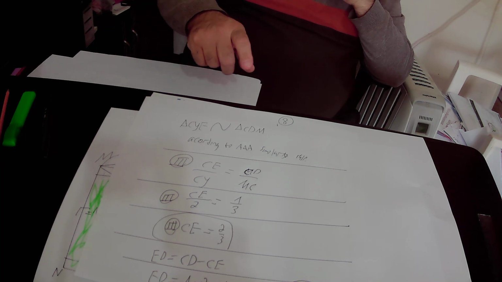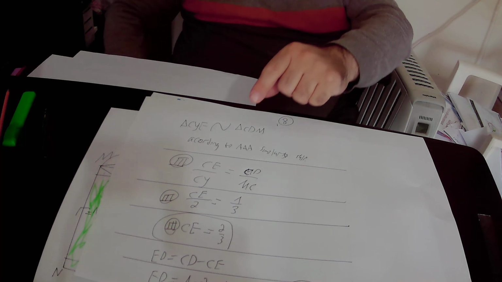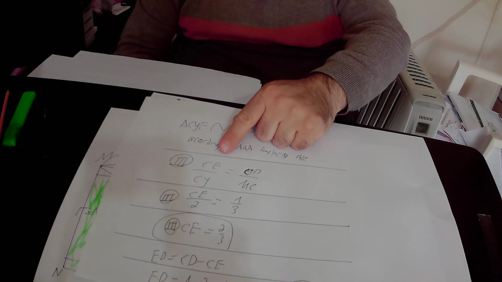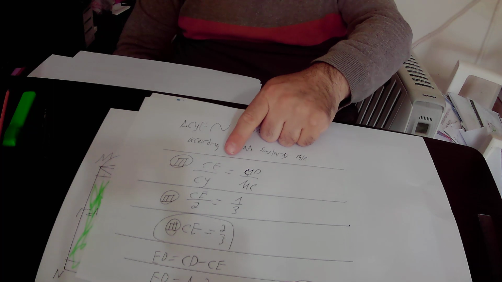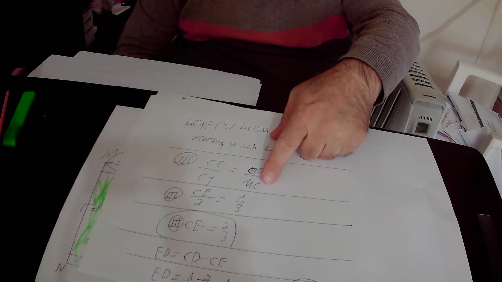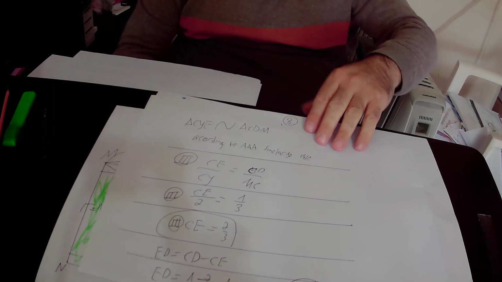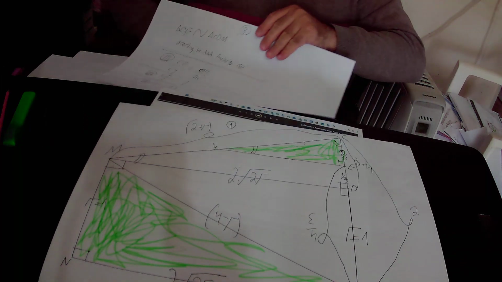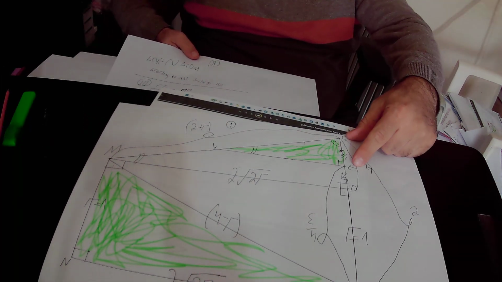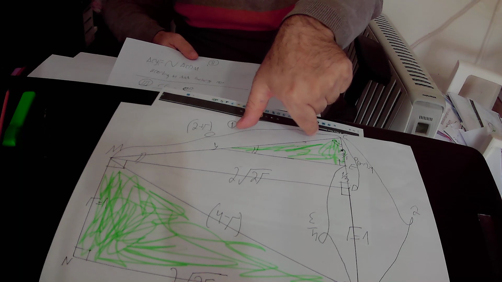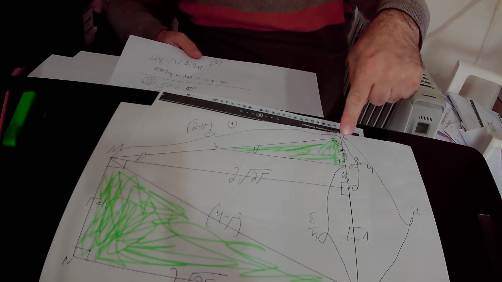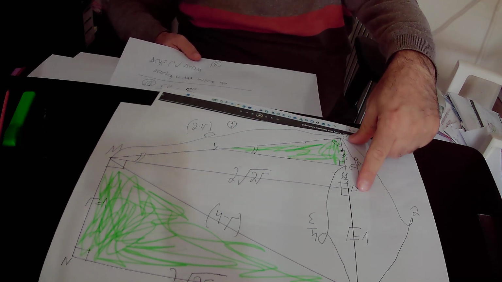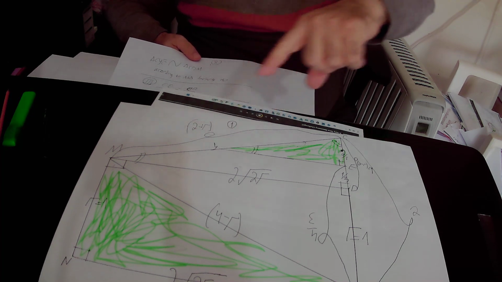And from the fact that triangle CYE is similar to triangle CDM, we will conclude that CE over CY in triangle CYE equals CD over CM, or MC, in triangle CDM. I will repeat again: CE over CY in triangle CEY equals CD over CM in triangle CDM.